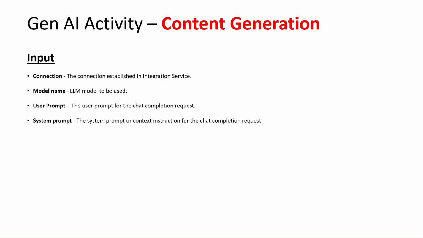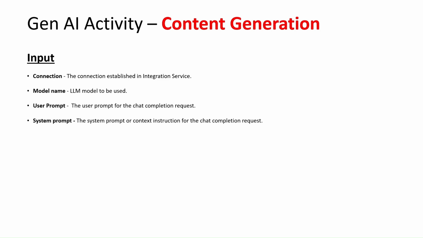It should stick to the specific role that I have defined in the system prompt, and give me an output based on that particular role only. This is what we define in the system prompt. We define a specific role for that particular LLM, so that it doesn't generate random content on the topic which we have asked for.